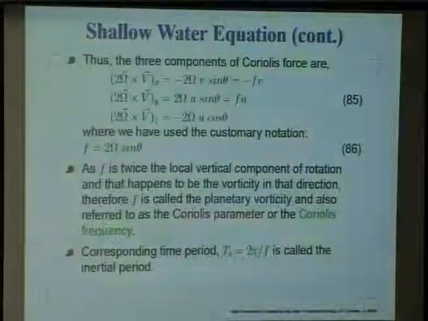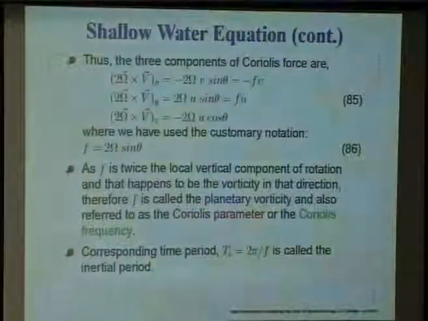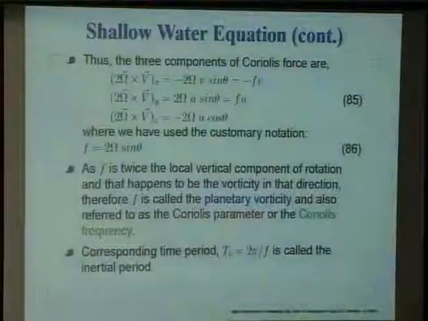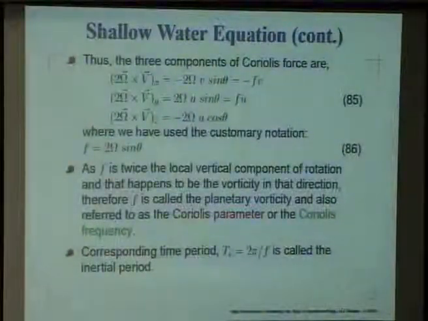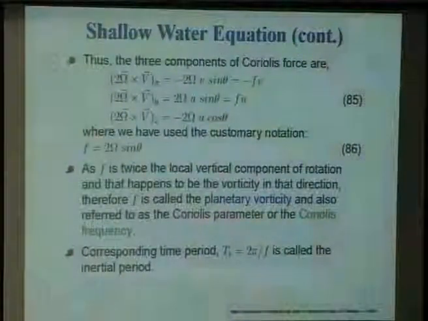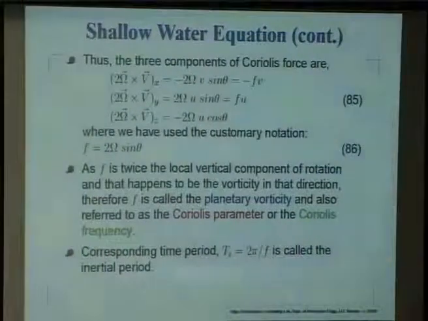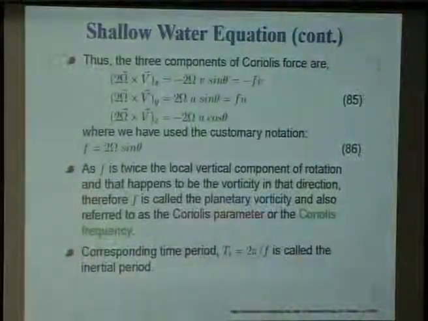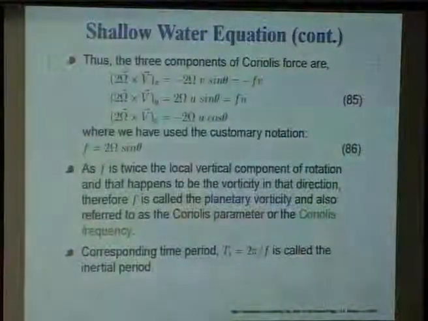f is a customary notation, that is what we have shown here. You can also see f is a kind of rotation rate about the local vertical, about the z direction. And twice the rotation rate is also the vorticity. That is why people also refer to f as planetary vorticity.